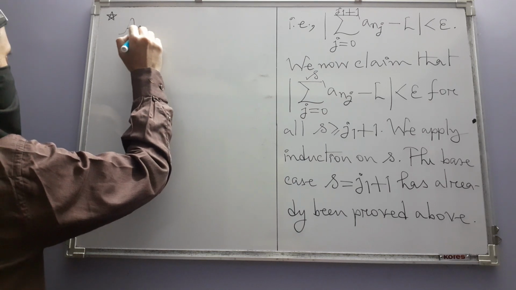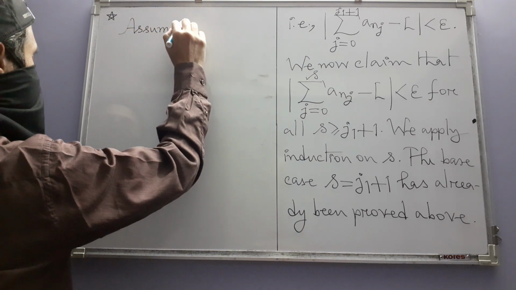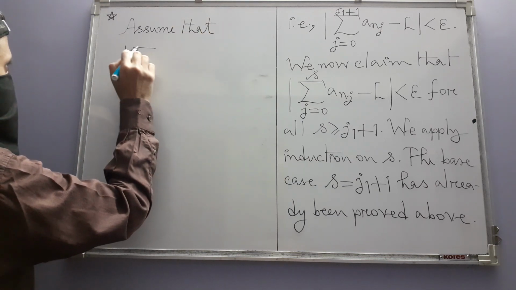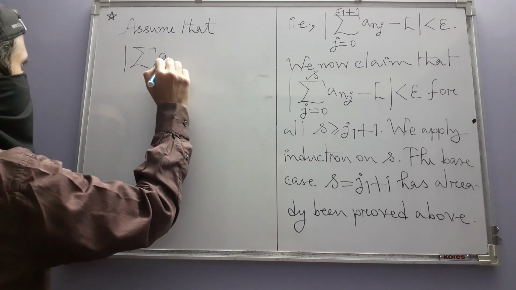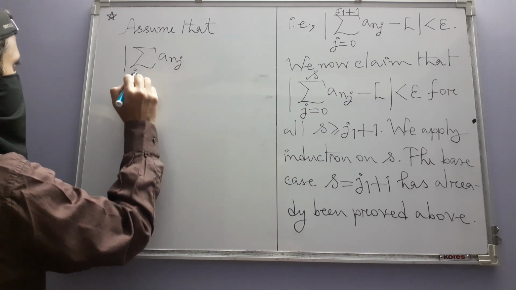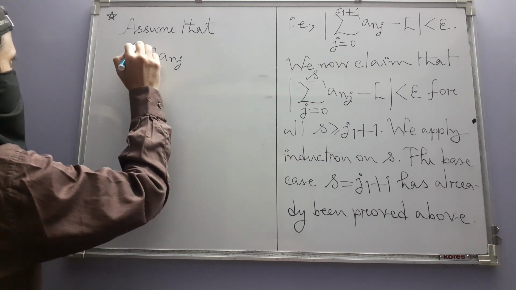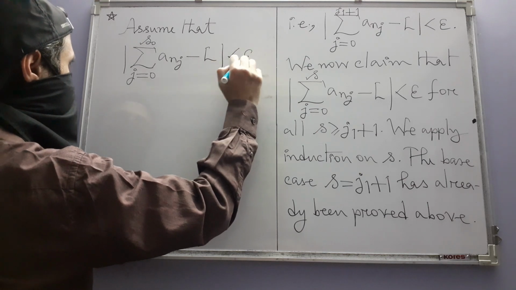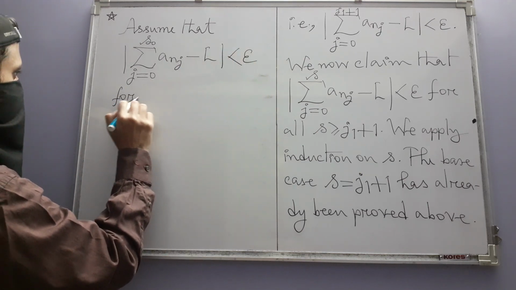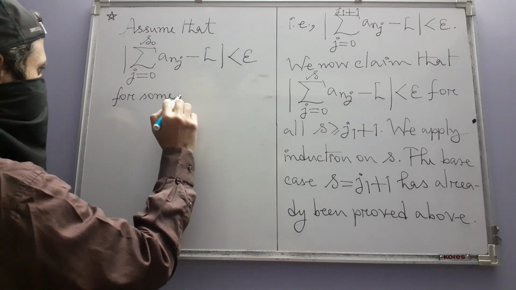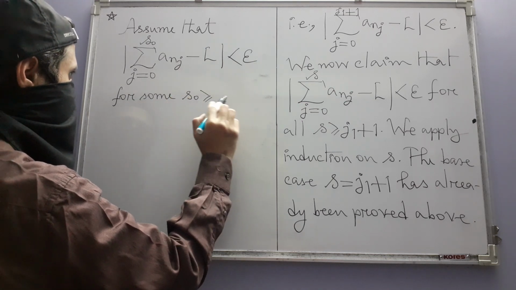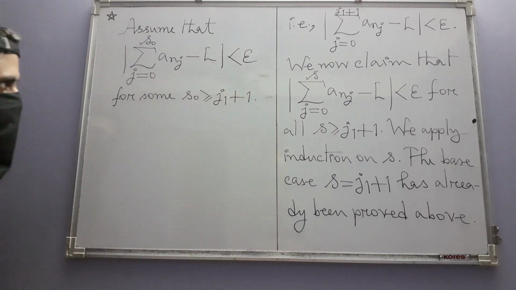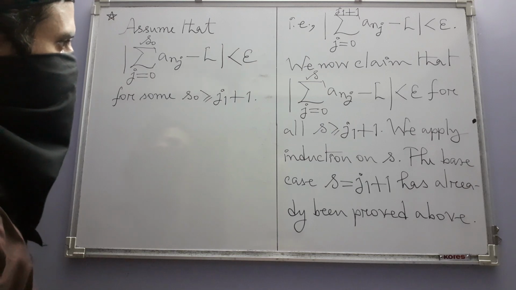Assume that A n j, this to S naught minus L is less than epsilon for some natural number S naught greater than or equal to j1 plus 1.